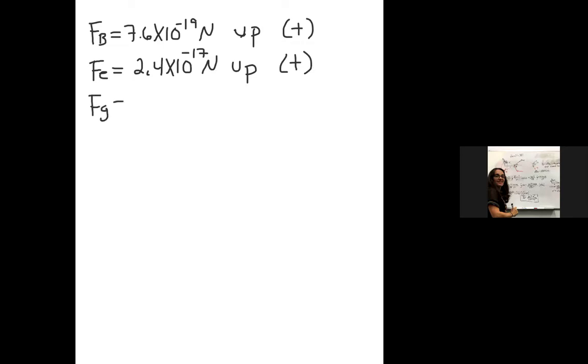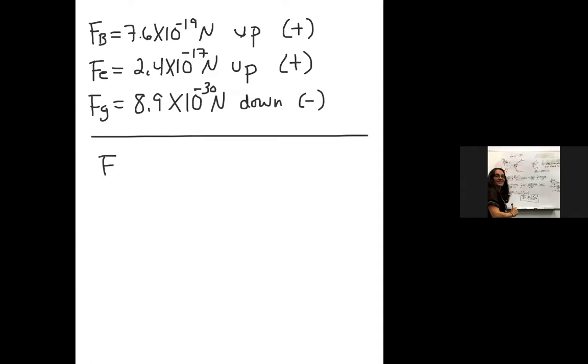We have the force of gravity, which is 8.9 times 10 to the negative 30th newtons. And that's down because gravity is always down.